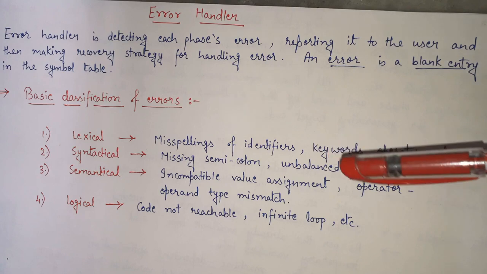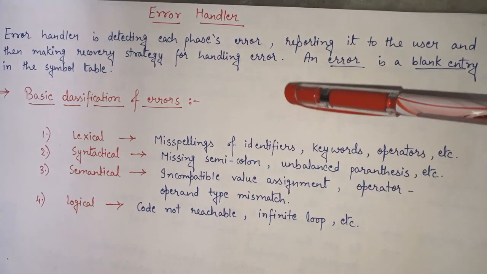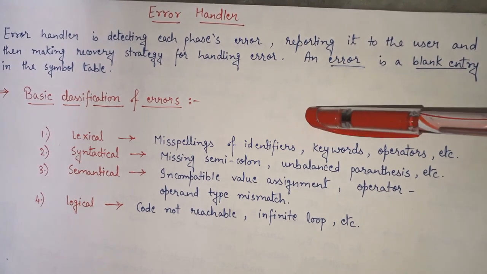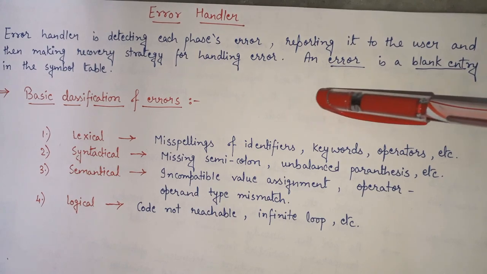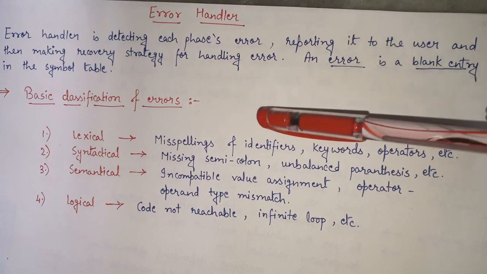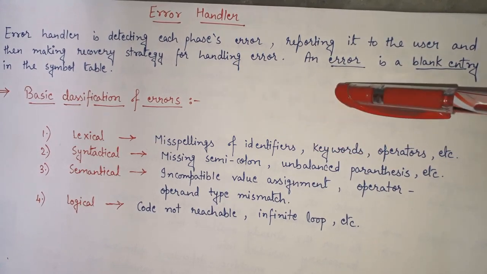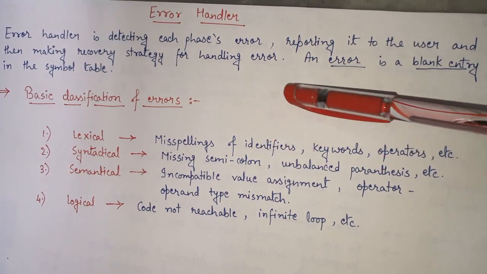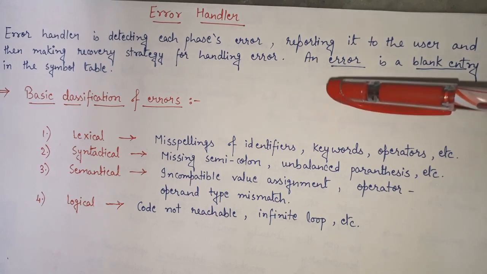Again, operator operand type mismatch. For example, as we know, you can do addition, subtraction, multiplication, division between integers, but if you are trying to do minus of two strings, then it is not possible. If you write hello minus world, then the compiler won't understand what you mean. If you write 5 minus 2, then the compiler knows, yes, 5 minus 2 is 3, I have to do subtraction.